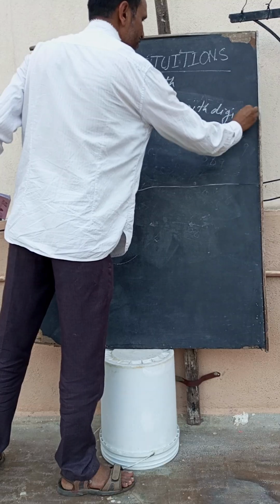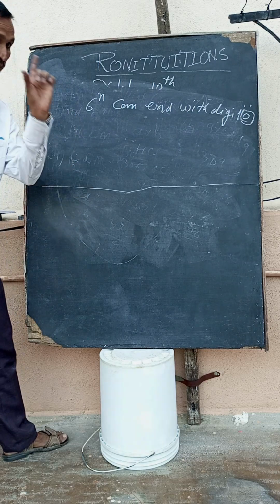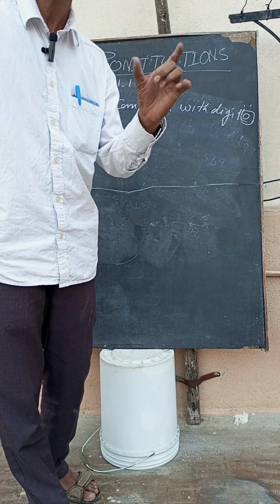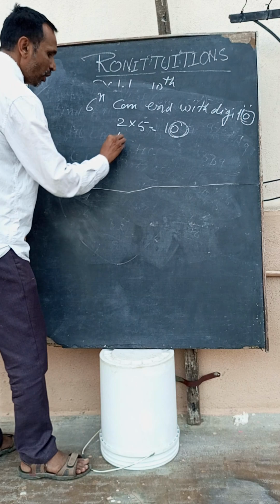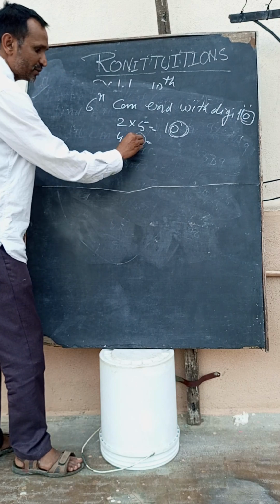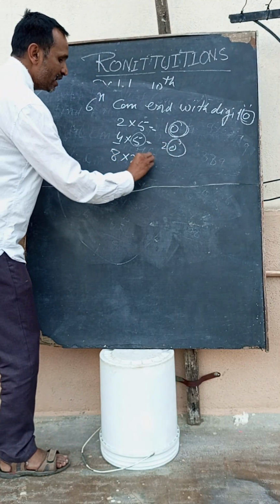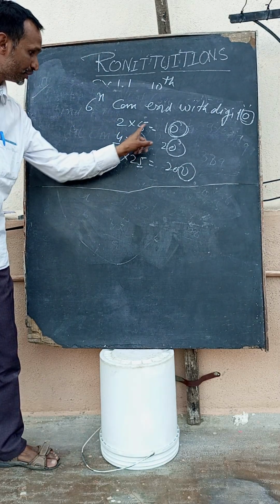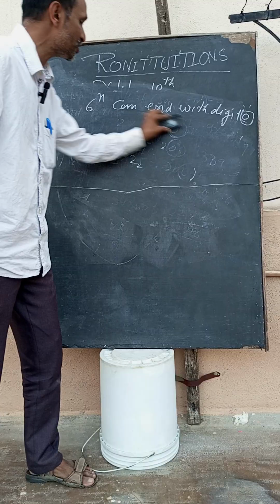Now what is the rule to find which numbers end with 0? The number 5 and an even number: only if the product of 5 and an even number is taken, then 0 comes. Suppose 2 and 5 give 10, so 0 comes last. 4 and 5 give 20, 0 comes. Otherwise, 8 into 25 gives 200. So here 5 is there and an even number is there, so even number into 5 gives 0. We have to prove whether this number gives 0 or not.